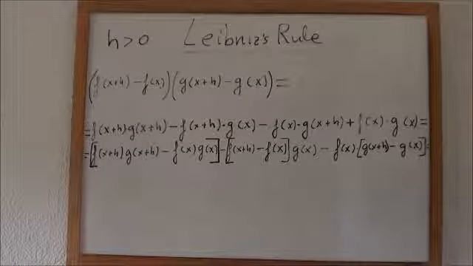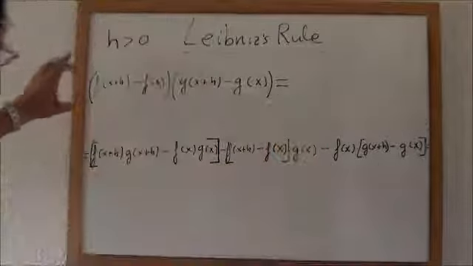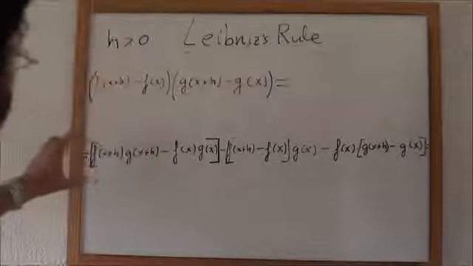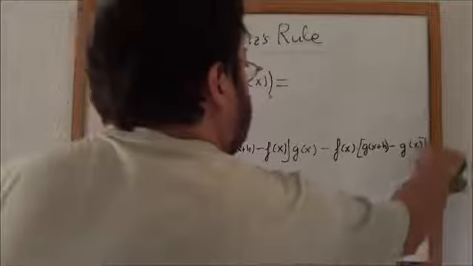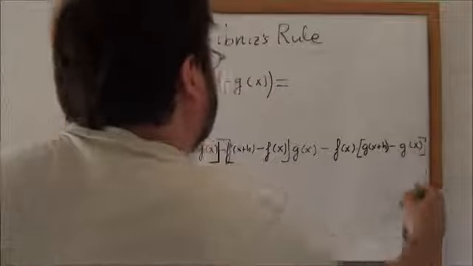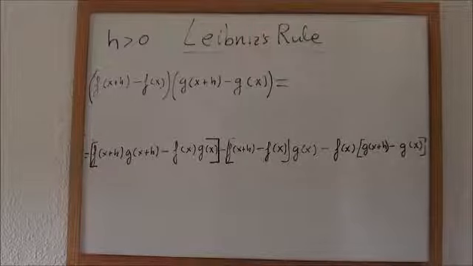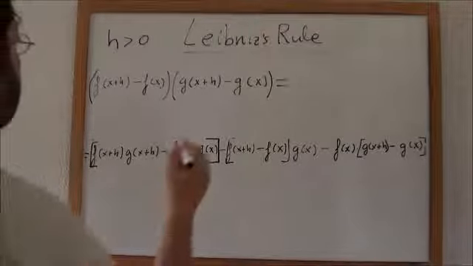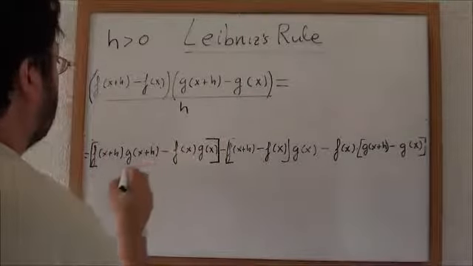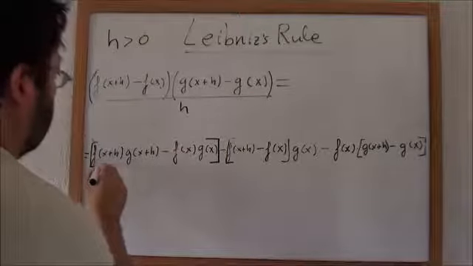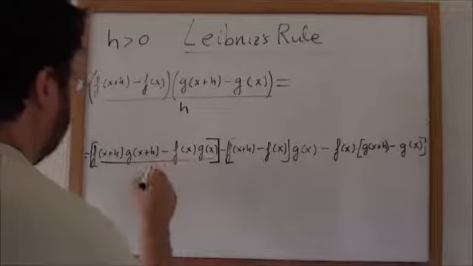Now let's consider this part and this part, and let's divide both by h. All terms divided by h.